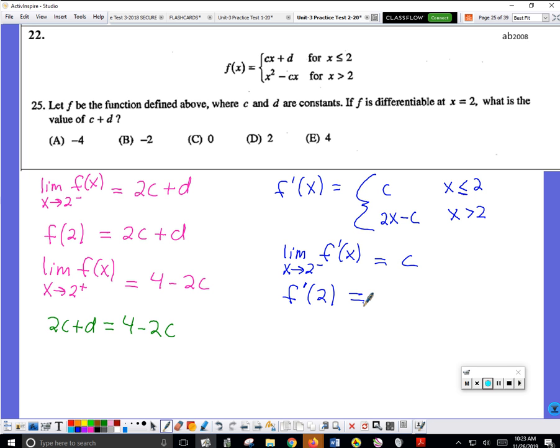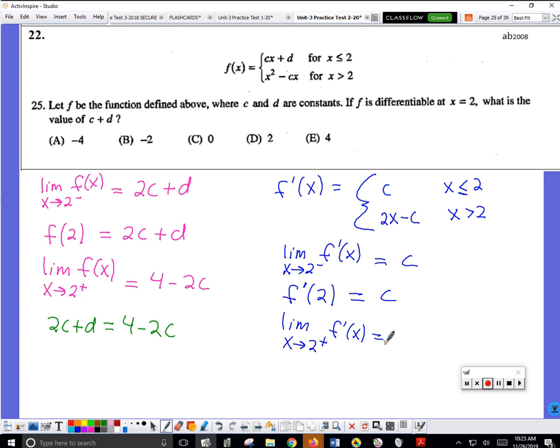Let's go, Aislinn. Who agreed? 2 points, 3 for Aislinn. Let's go, Koji. 2x minus c.